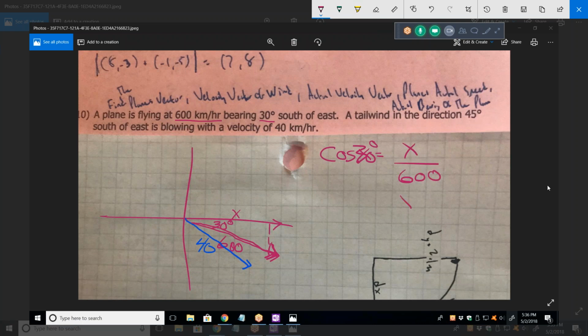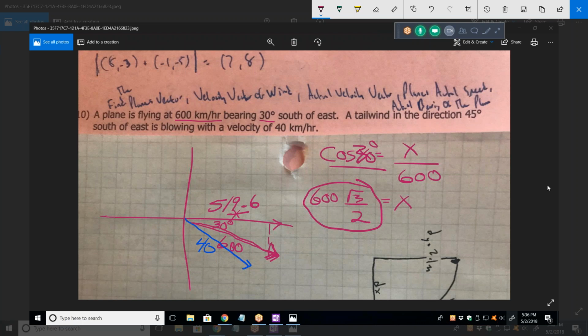So x has to equal 600 times the cosine of 30 degrees, which is root 3 over 2. What's the horizontal component of that vector? It's 519.6.